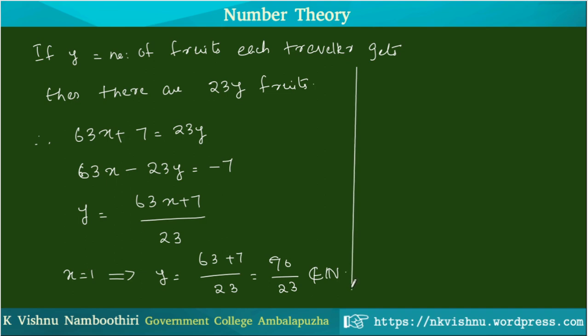Suppose that we continue this process. We know that x is the number of fruits, and therefore x must be at least 1.